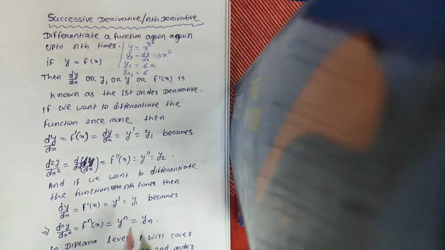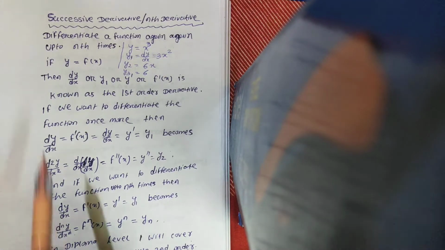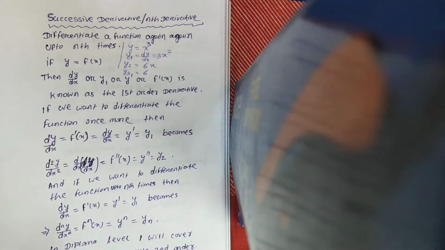That means if you differentiate a function up to n times, then symbolically we can choose any of these symbols. But in diploma level or in plus 2 level, we will cover successive derivative up to second order. That means if a function is given to you, you have to find the first derivative and the second derivative. In this session, we will cover up to second order derivative.